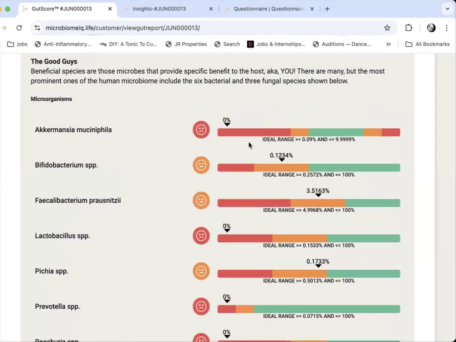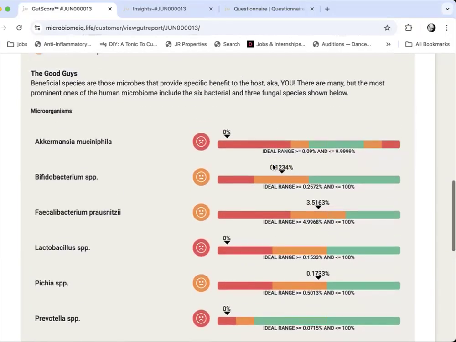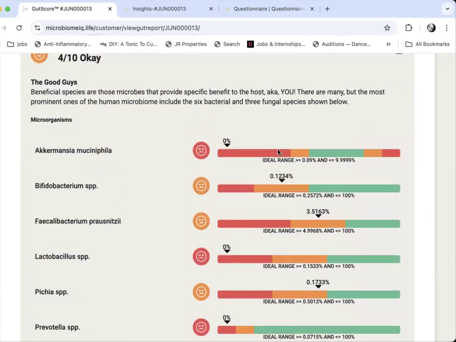One more thing about Akkermansia muciniphila before I move on. I mentioned that this is pretty much one of the only beneficial species in this section that has the range where we're concerned if it's too low, and we're also concerned if it's too high. And some of you may have questions about that. So to answer that, Akkermansia muciniphila is our mucin degrading bacteria.